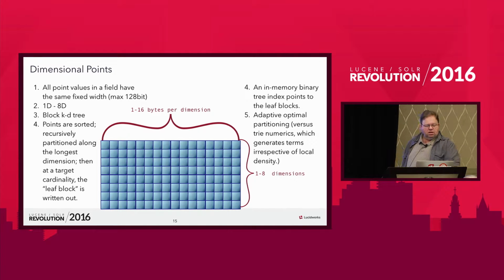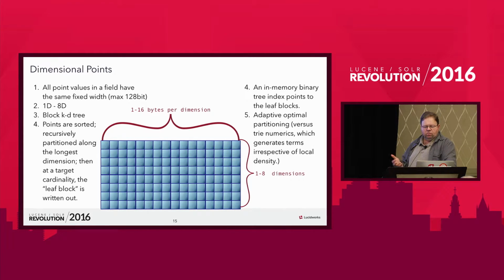And then once recursion has gotten to the point where the number of points in a cell have been reduced to a target cardinality, the leaf block, as it's called, is written out to disk. And once all the recursive partitioning is completed, then an in-memory binary tree index points to the leaf blocks.